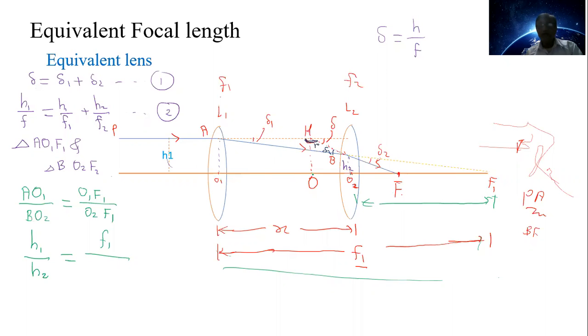See, O1F1 minus O1O2. O1F1 is F1 minus O1O2, this distance, that is X, and therefore we write here it is F1 minus X.